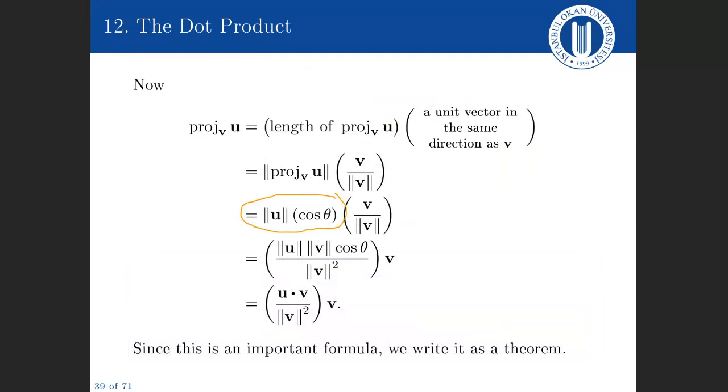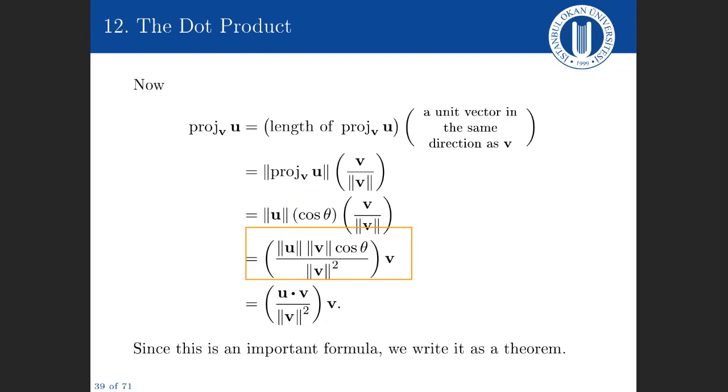We have norm of u cos theta and then multiplied by our unit vector v divided by norm of v. Rearrange these terms: norm of u norm of v cos theta divided by norm of v squared multiplied by v.